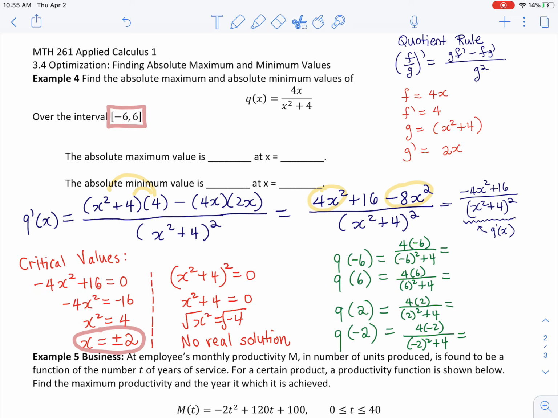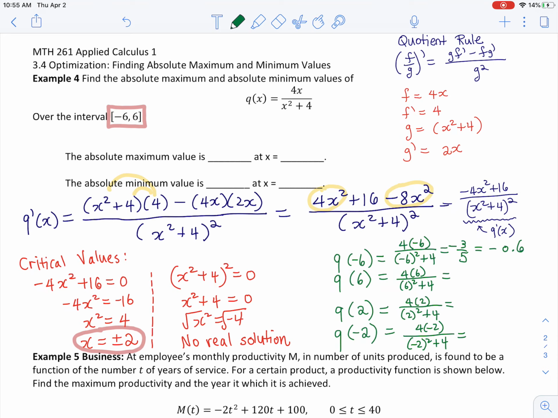Okay, so the first one, if I plug in -6, that will be 4 times -6 on the numerator, 36 plus 4 in the denominator. I got -3 over 5.